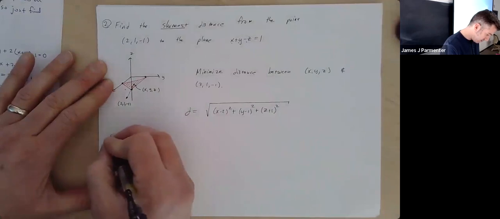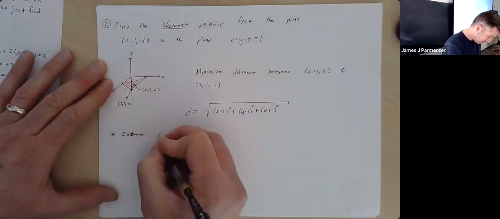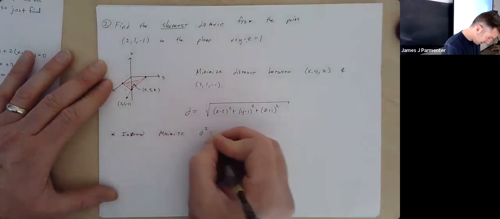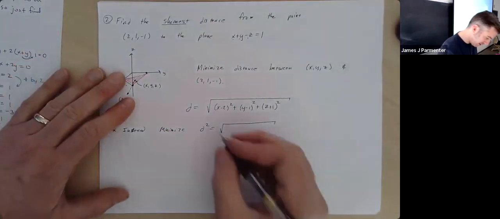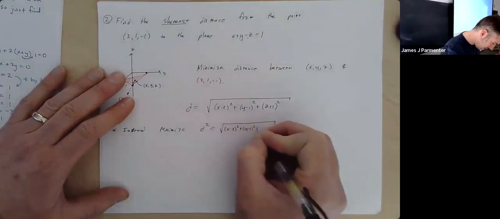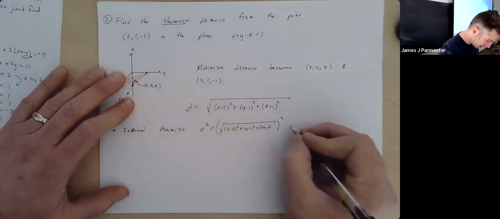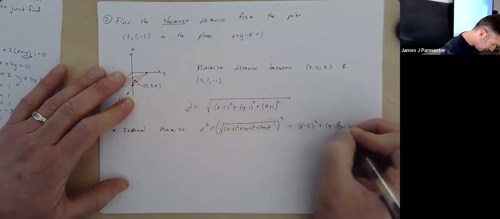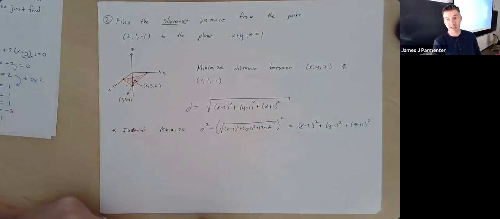So instead, we're going to try minimizing the distance squared, which is not the square root, but I'm going to write it anyway. So x minus 2 squared plus y minus 1 squared plus z plus 1 squared, which is usually going to be easier to deal with.